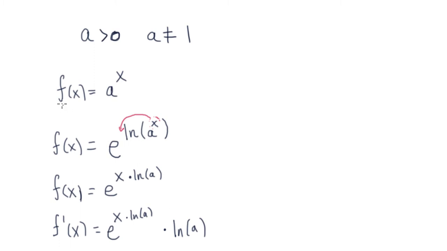So the derivative of a to the x, an exponential function, see that this actually is just the same thing as a to the x. So I can really write this as a to the x, if I just sort of reverse this process, times natural log of a.